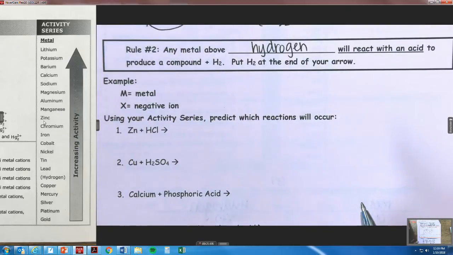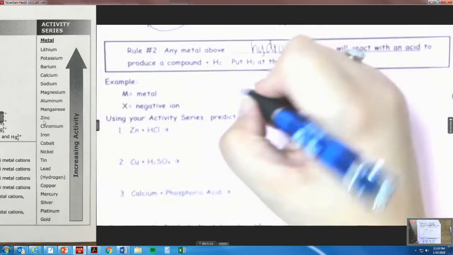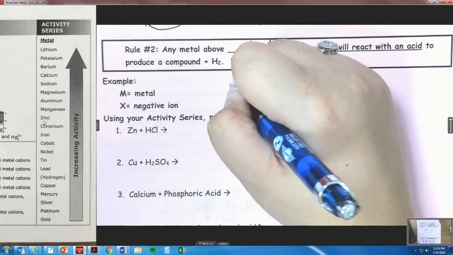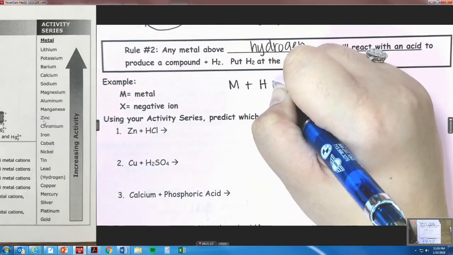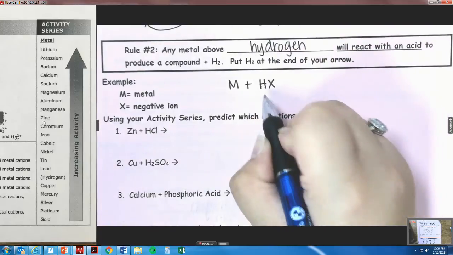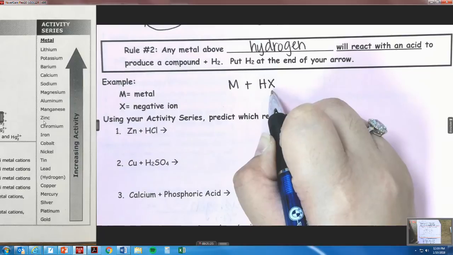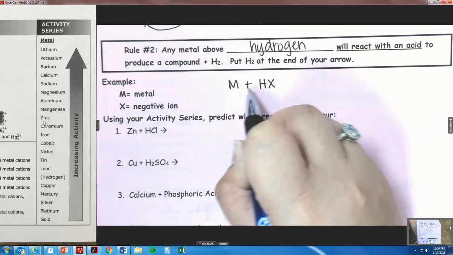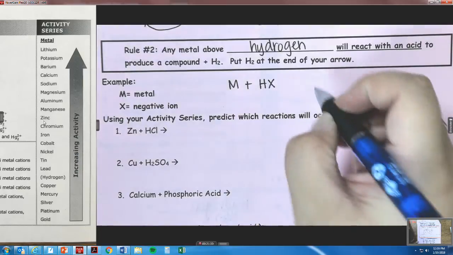Your general form is going to be, let's say you have a metal plus your acid. To know that it's an acid, you're going to have a hydrogen in front of whatever element this is. So metal plus your acid, and you know it's an acid because there's a hydrogen in front of it.